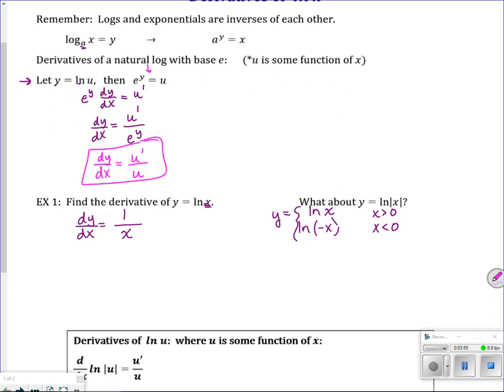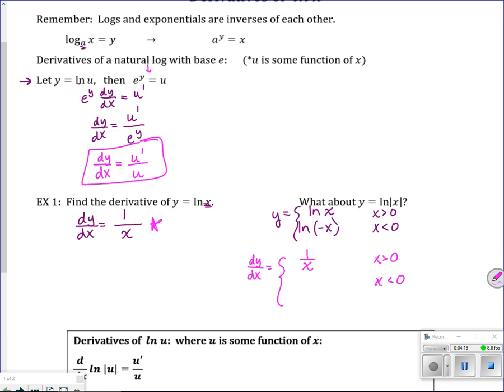Now by what we just talked about, let's find the derivative. Let's find dy dx for both of those. Well, the top one is what we just did. So if x is positive, the derivative is going to be 1 over x, because that's what we did right over here. Let's look at if x is less than 0.